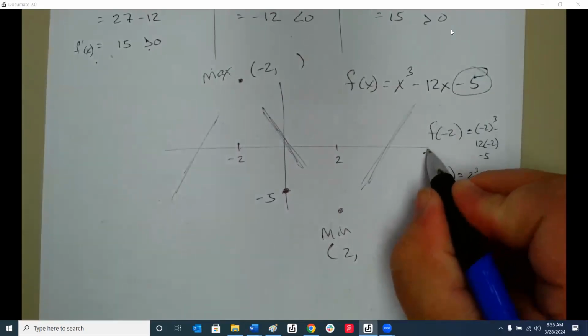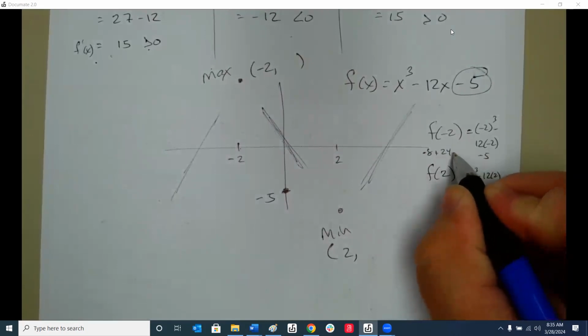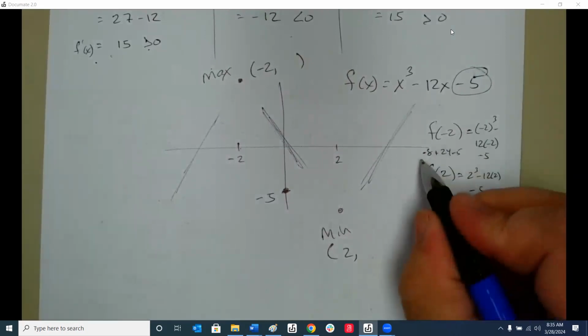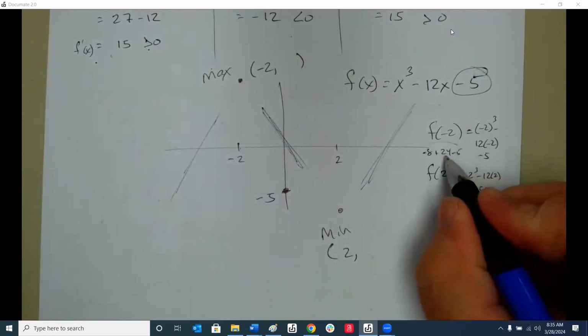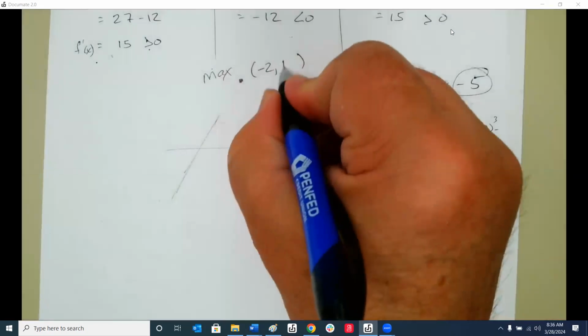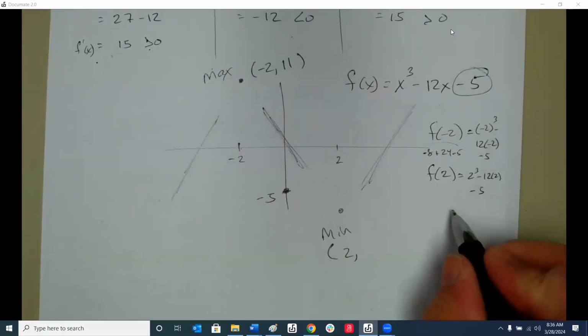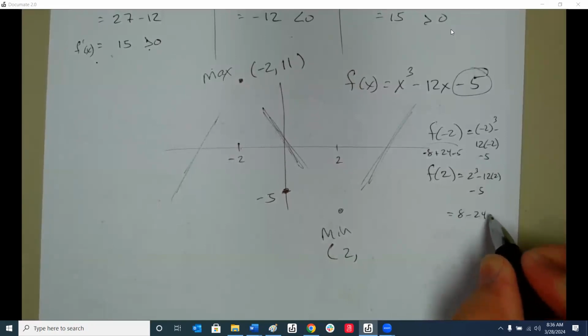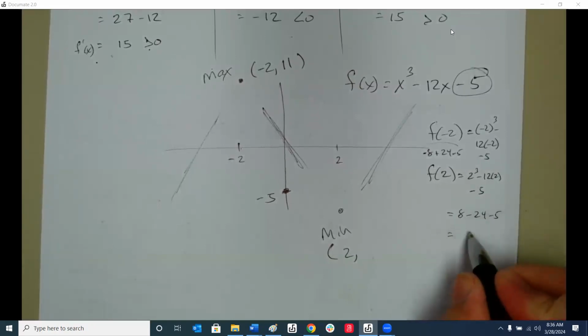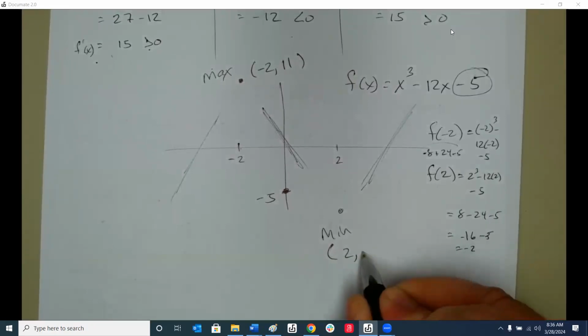So it's -8 plus 24 minus 5, so -13 plus 24. So we know one vertex is at -2, 11. And the other one is at 2, -21.